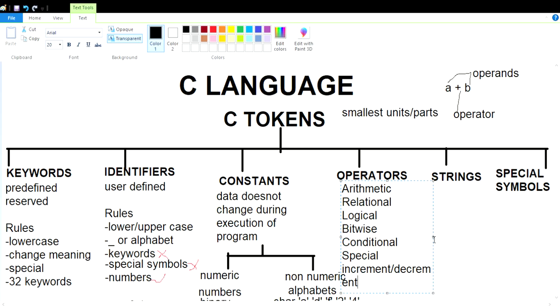So these are the different types of operators that we have in the C language.